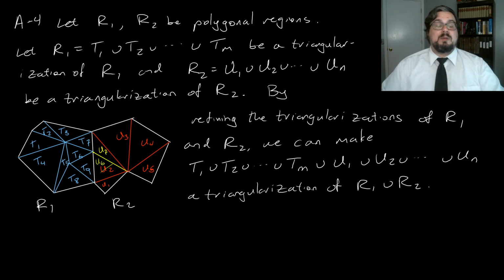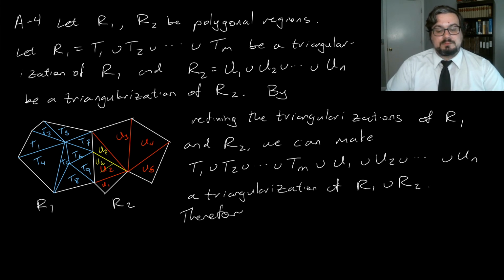The fact that R1 and R2 only intersect in line segments and vertices is what allows us to go through this process. And so we can get a triangularization of R1 union R2.